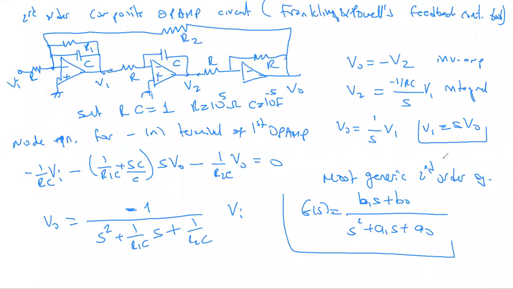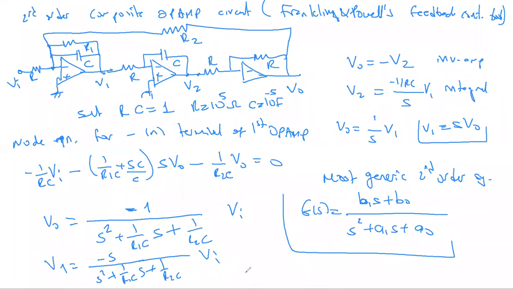V1 is equal to s times V0. So V1 is going to be equal to minus s over (s squared plus 1 over R1C s plus 1 over R2C) times Vi. So by summing V0 and V1, I can get the b1, b0 coefficients properly.